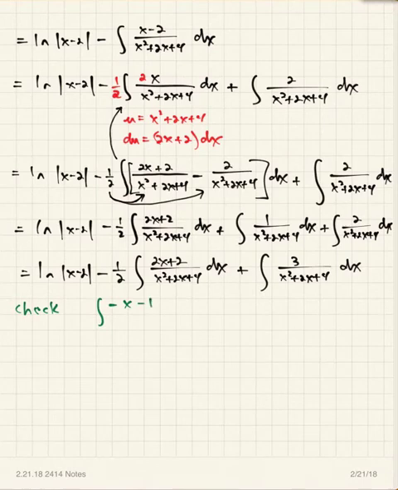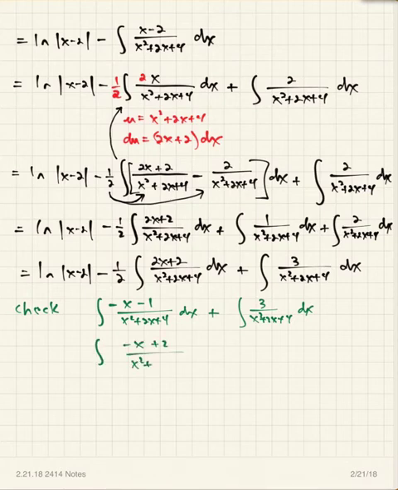Because you're multiplying through by negative 1/2 over x squared plus 2x plus 4 dx, plus 3 over x squared plus 2x plus 4 dx. And then those two can be added together, and you get negative x plus 2 over x squared plus 2x plus 4 dx. And then you finally factor out the negative 1, and sure enough, you get exactly what we started with at the very top of the page.